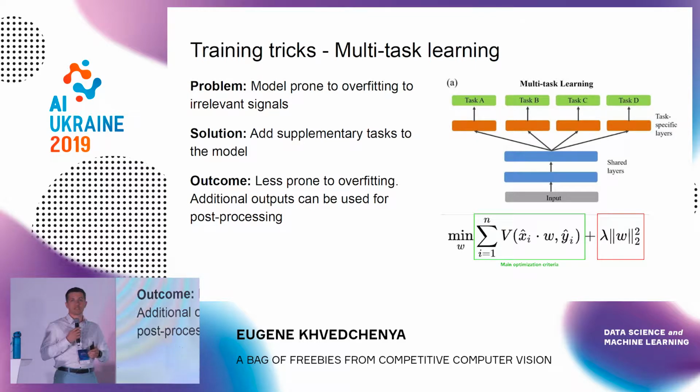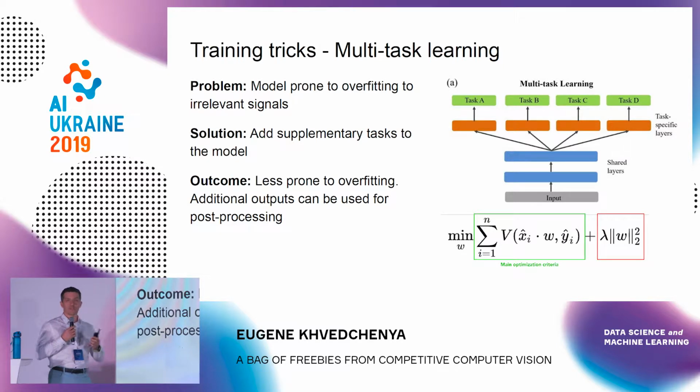Here the idea is, let's ask our model to make auxiliary predictions or solve other tasks that correlate somehow with our main task. One example here can be, let's say we are doing an image segmentation problem of detecting, say, a disease on the image. Why not make a second head of the model to predict also whether there is any disease at all or not?